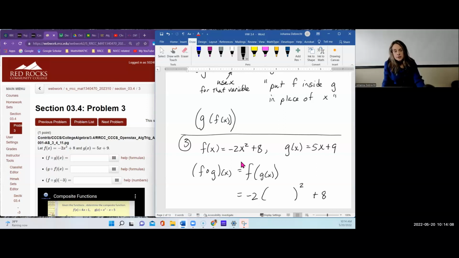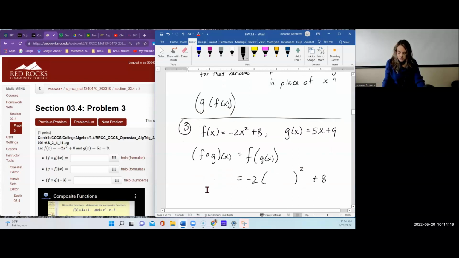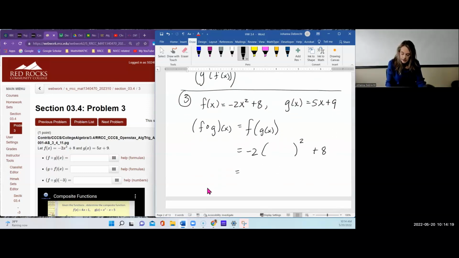What do you suppose we're going to put inside the hole? Yes, of course. We're going to put all of g of x inside the hole because that's what the notation tells us to do. So the next thing we write is negative 2, and then we put the entire g function, g at 5x plus 9, into that hole.